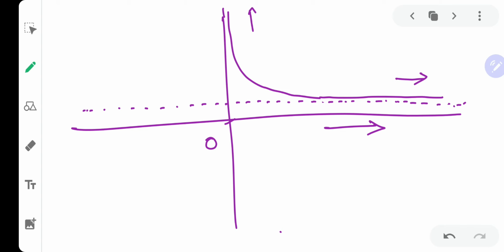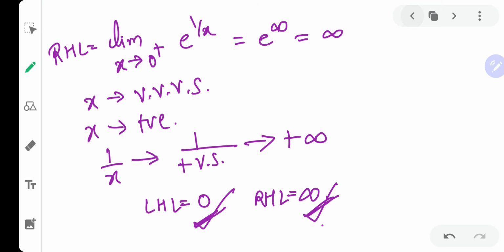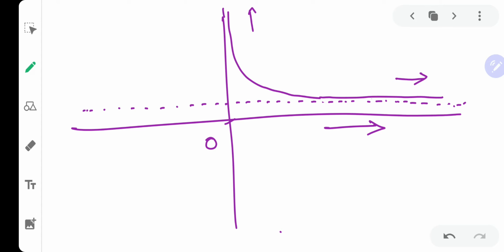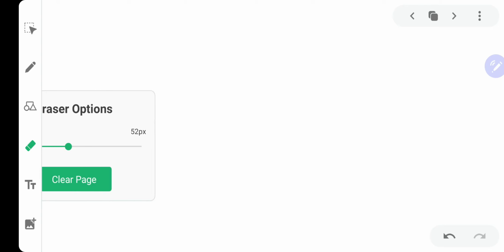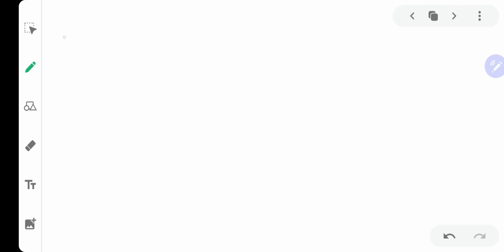Okay, now the left hand side graph is to be maintained. As you might recall, LHL was equal to 0, but the left hand side derivative should be calculated. More than the derivative, I would like to tell you that as the value of x is less than 0 and we are moving to the left hand side, what is going to happen? 1 by x is going to increase, right?